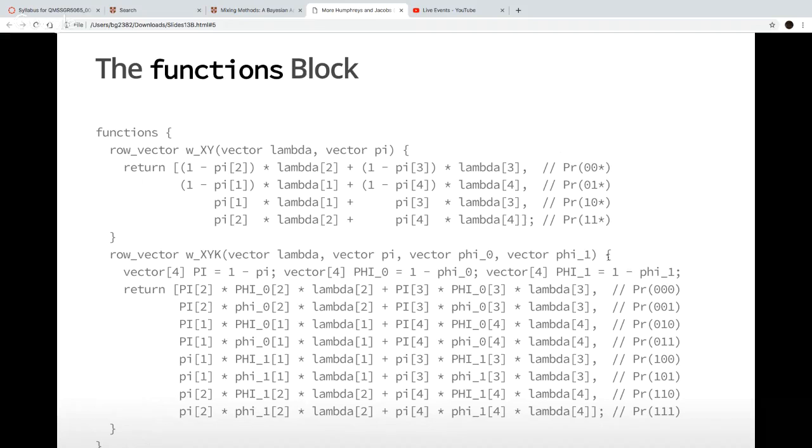When you do have observations where clues have been sought and K has been observed, now there's 2 to the 3 possibilities, so there are more terms here in order to fill out the 8 elements of this simplex. I used a convention that I just made up, where if I use all capital letters, that's 1 minus that probability, and then I can multiply and add stuff to get the probabilities I need to evaluate my likelihood function of lambda, pi, phi 0 and phi 1.